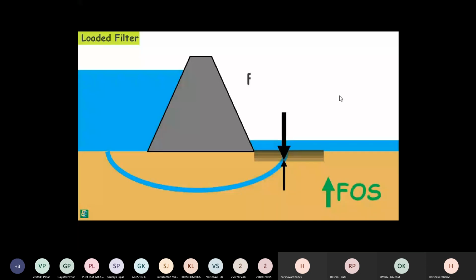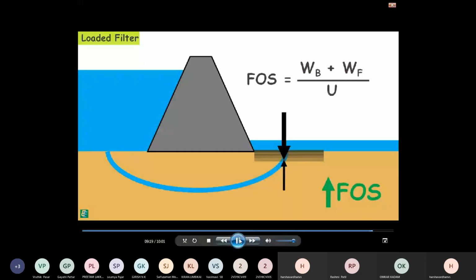So the factor of safety gets increased if the weight is more, so that the weight can easily counteract the seepage force. You can see the weight of the soil particles plus the weight of the filter will counteract the seepage pressure. So you can provide a loaded filter at the downstream end. So you have to provide filters to avoid failures.